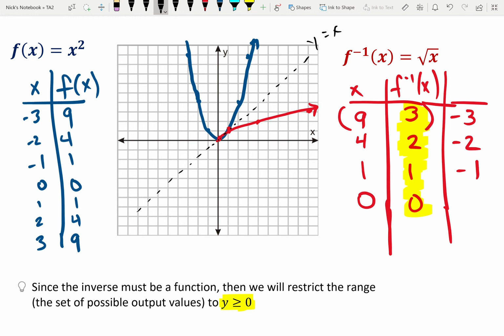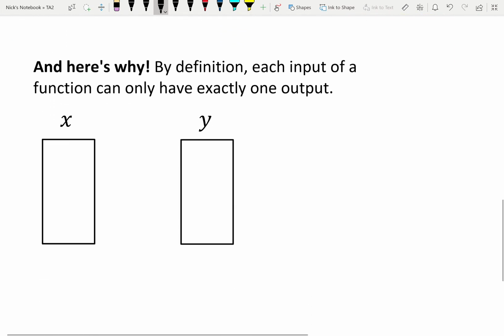The red line is the graph of the square root function, which is simply the inverse of this function right here. Here's why, I'll go into the math behind why you have to restrict the function. By definition, each input of a function can only have exactly one output.